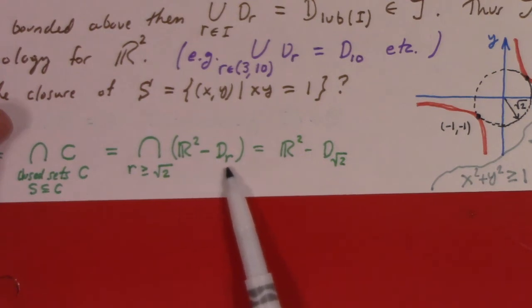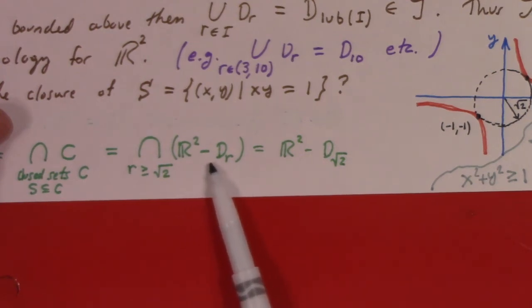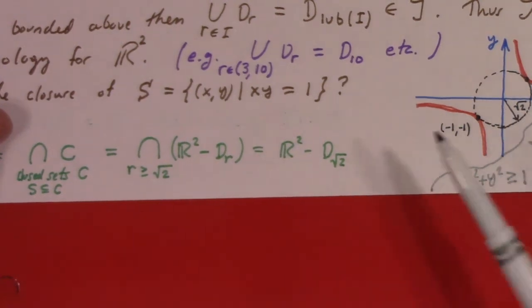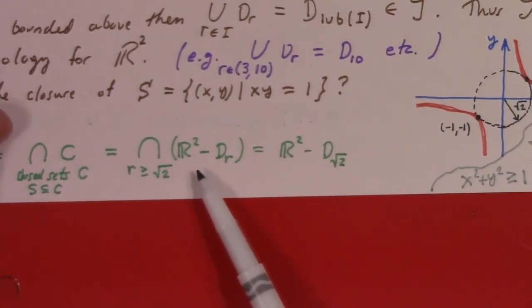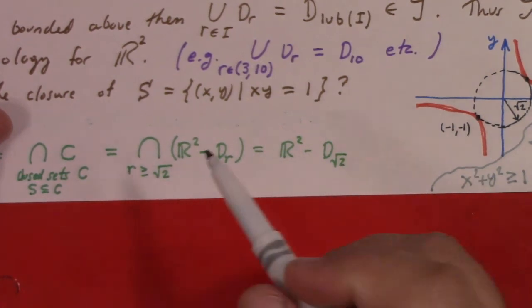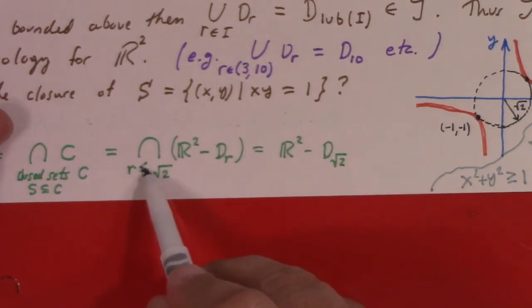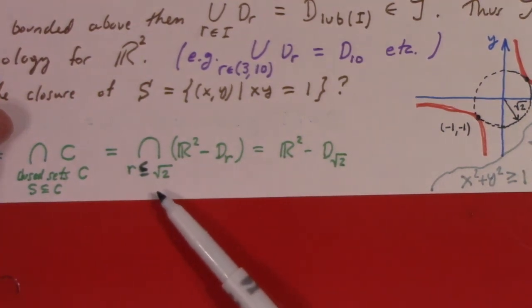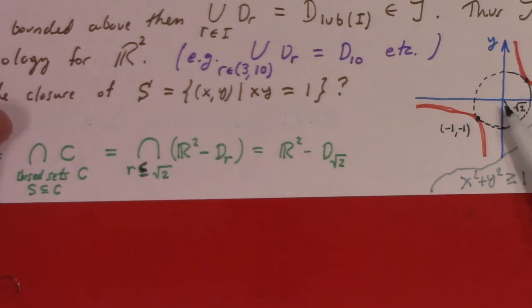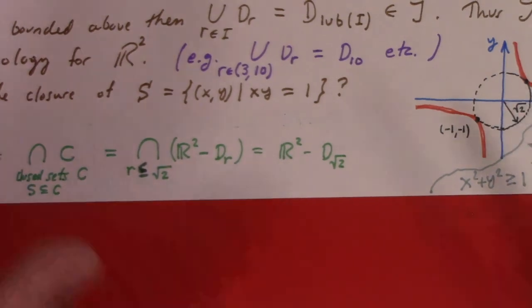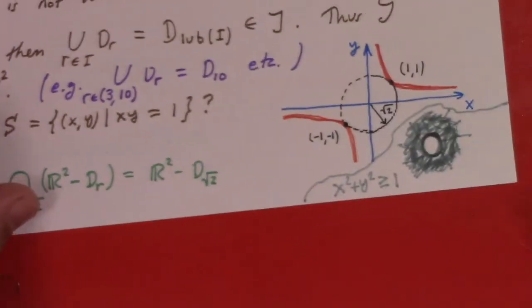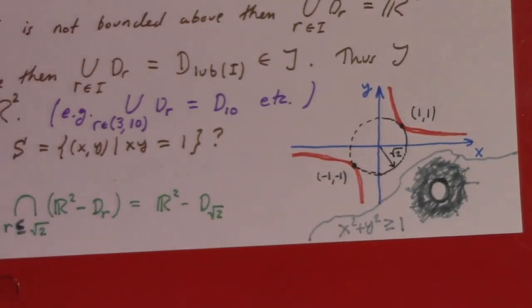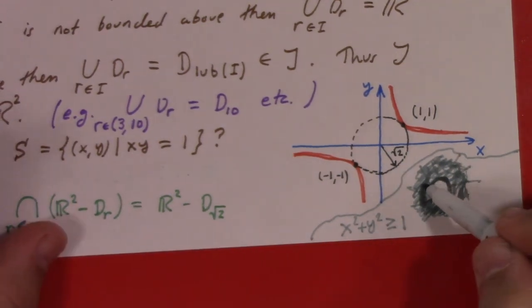And if you think about that geometrically, everything is contained in this as long as the radius is, actually it's not greater than or equal, my bad, the radius is less than or equal to the square root of 2. Those are the interesting ones. In this picture down here, that would be like the radius 1, so the black dotted circle that I have on the bigger picture would be out here somewhere.